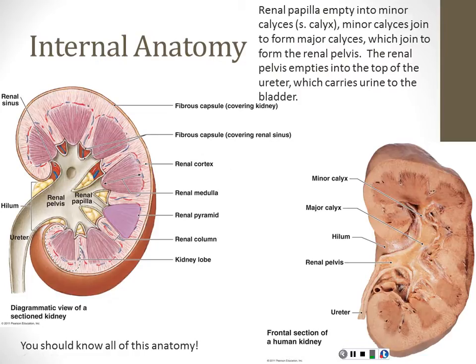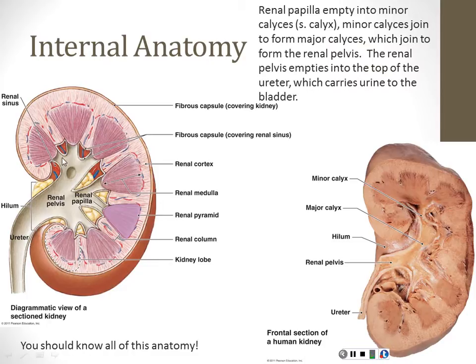Calyces is plural. Calyx is singular. Kind of a weird word, but calyx and calyces. So one calyx, many calyces. The big branches, like we see here and here, those are called a major calyx or major calyces, right? And then the smaller branches that go towards each of these cones, we call that a minor.